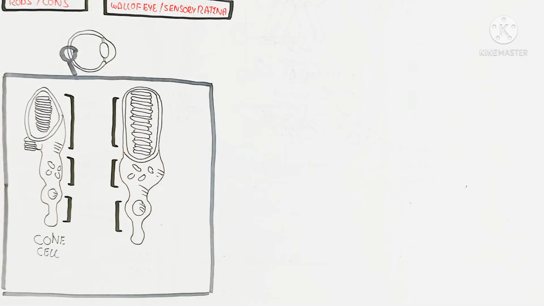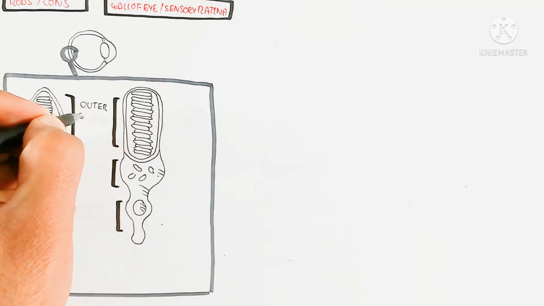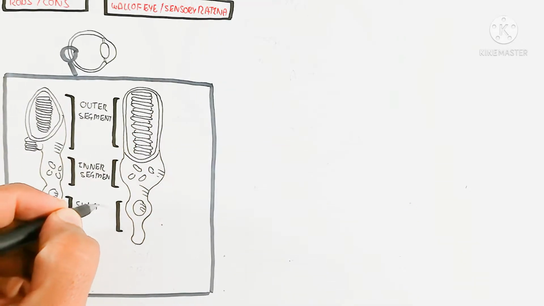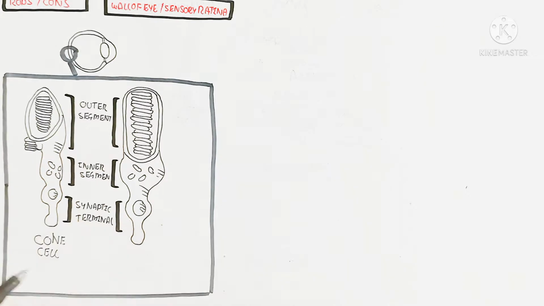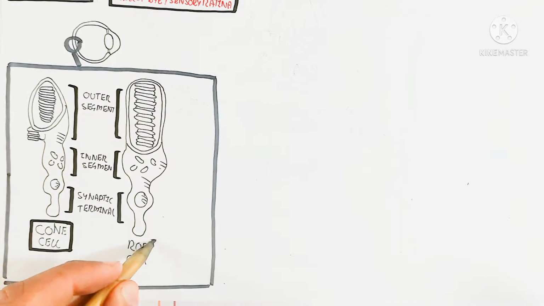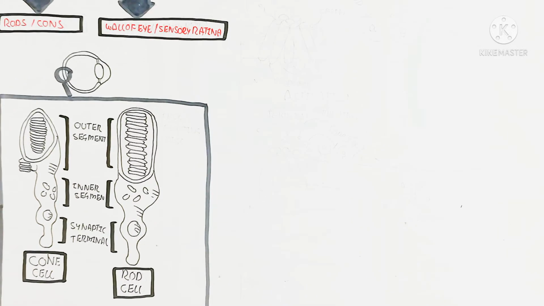Between the sensory retina and the wall of the eye is the pigment epithelium. This is the cone and rod, with the outer segment and inner segment, and this is the synaptic terminal, which is attached through a bipolar cell to the optic nerve for the transmission of the signal.